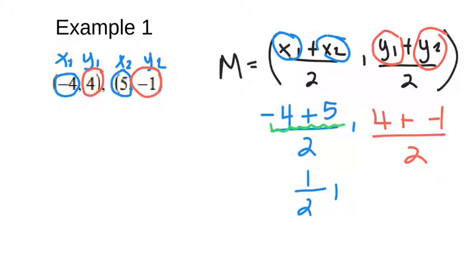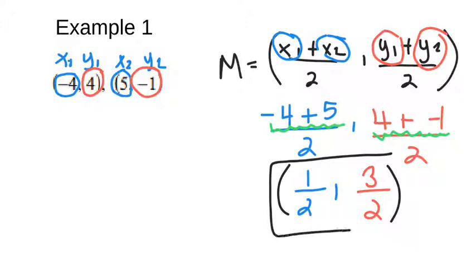Then PEMDAS the top over here. 4 plus -1 is really 4 minus 1, which is 3 over 2, and 3 over 2 also does not divide evenly, so we would leave that. So we'd have 1/2 and 3 over 2.